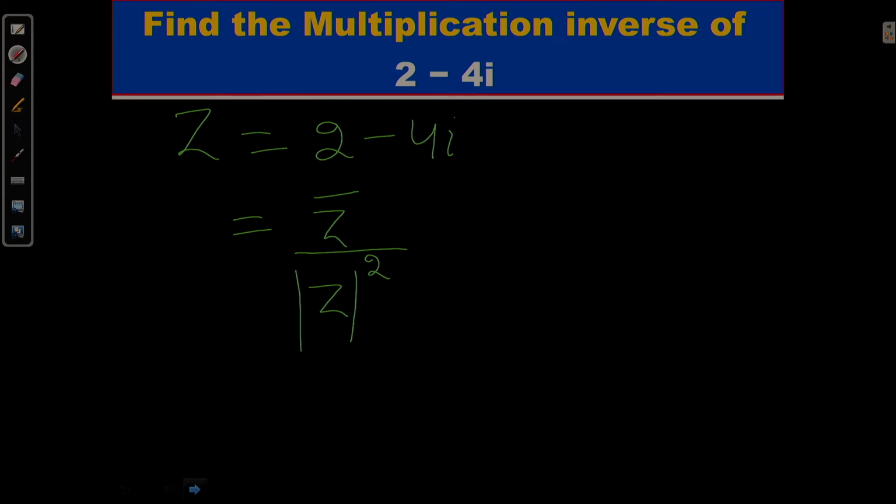This is the formula. When z equals 2 minus 4i, I can write z bar, which equals 2 plus 4i.